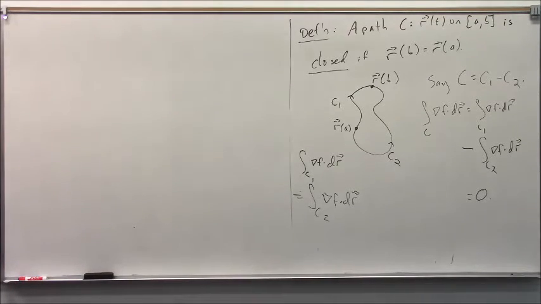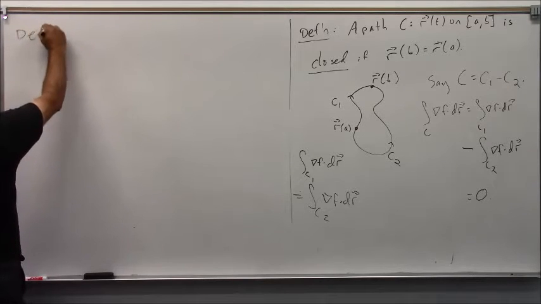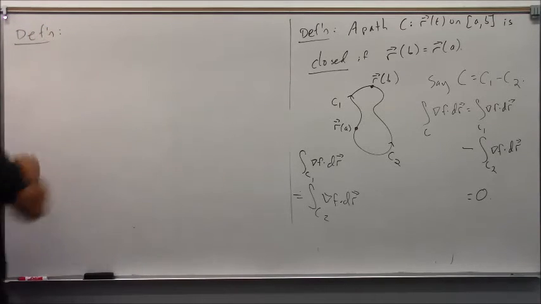I said before that an open set is one that doesn't contain any of its boundary points. Here's another definition that's equivalent to that one, but that we're going to need to use for what's coming next.